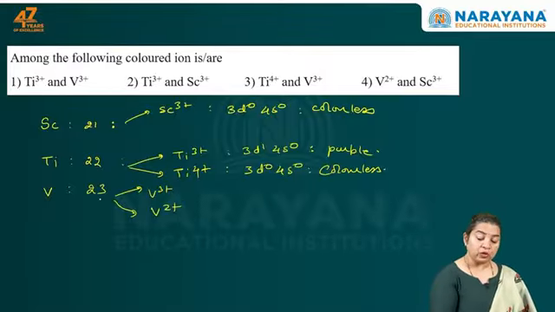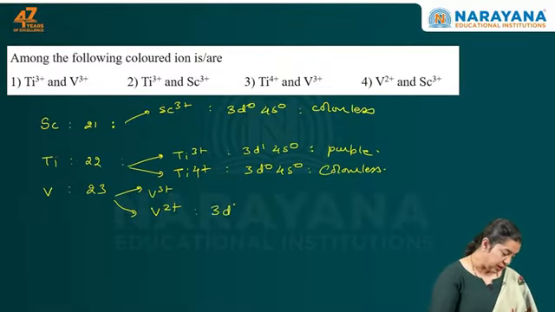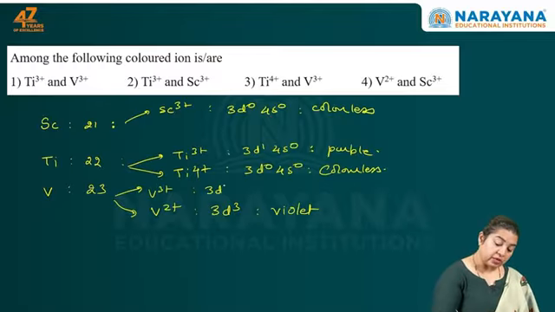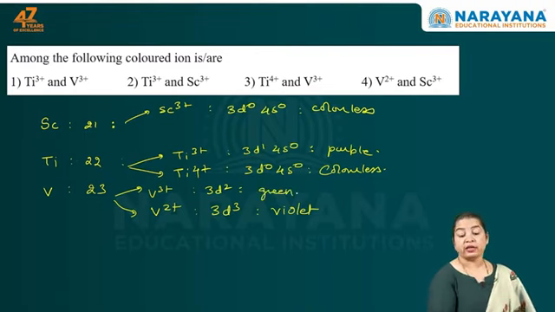Let us do. So, it is 3d3 4s2, right. When it is vanadium 2 plus, it will be 3d3 and it is found to be violet. When it is vanadium 3 plus, then it is 3d2 and that 3d2 is found to be green in color.